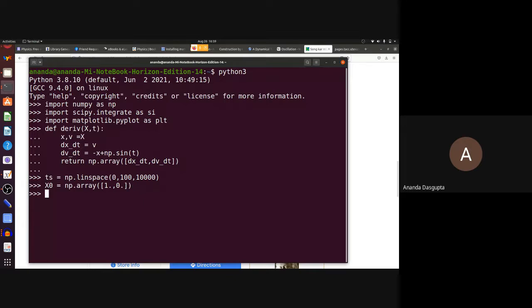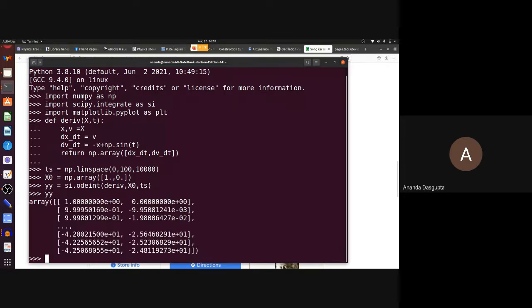And then what I need to do is call the odeint with just these. The derivative, then x0, then t's. And I'm done. The program has actually solved the differential equation for you. 10,000 points, 10,000 values of x, 10,000 values of y.